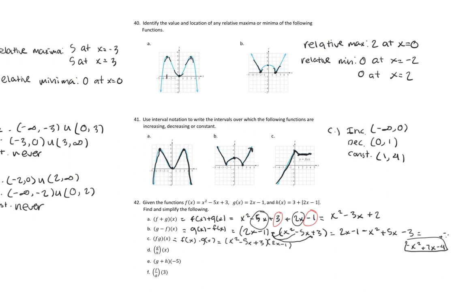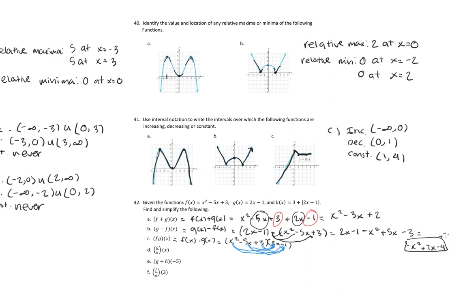All right, so then if we multiply these terms out, we're going to get x squared times 2x, then x squared times negative 1, then negative 5x times 2x, then negative 5x times negative 1, and then 3 times 2x, and then 3 times negative 1.